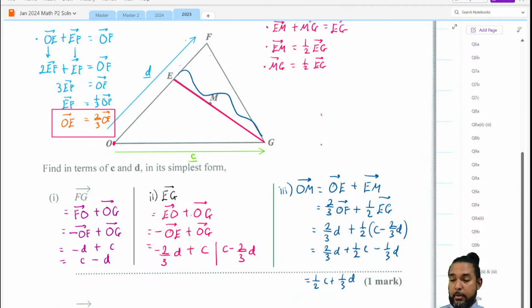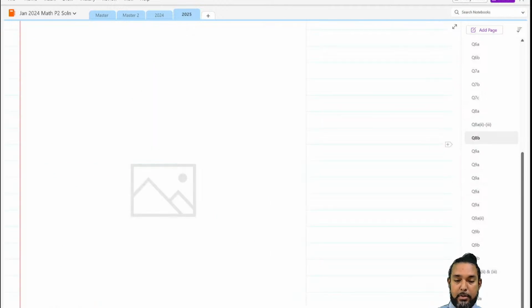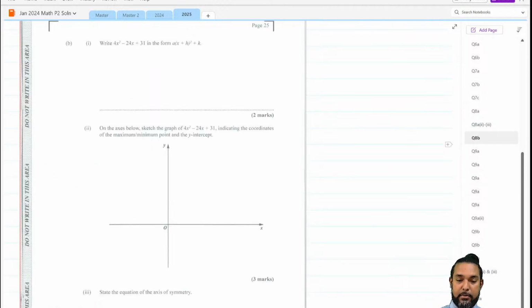So we have one more piece to backtrack and do, the 8B here.